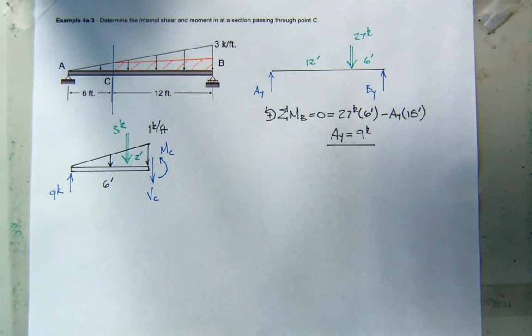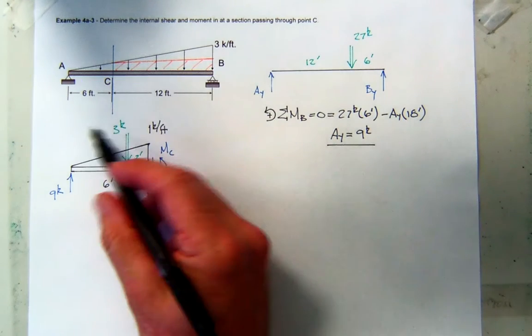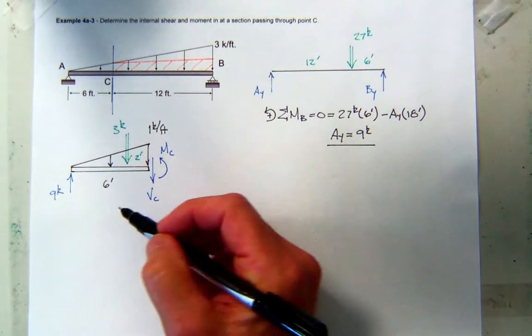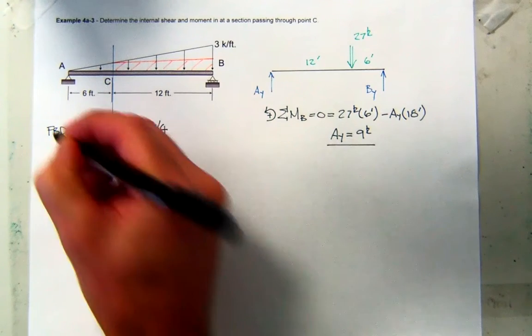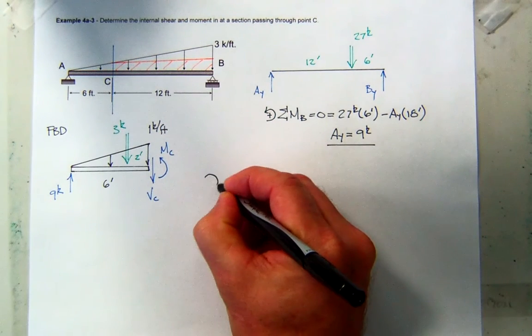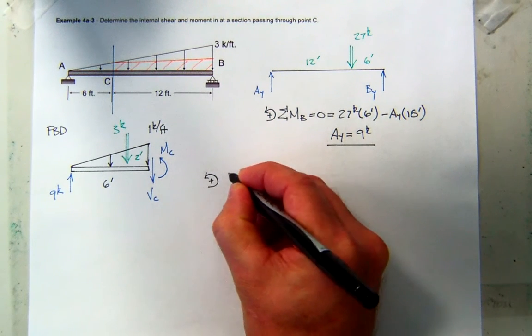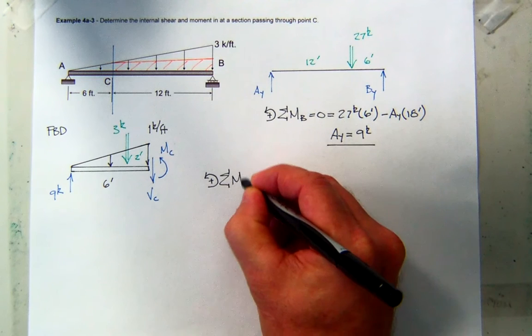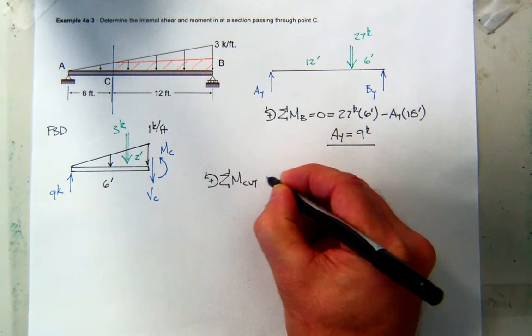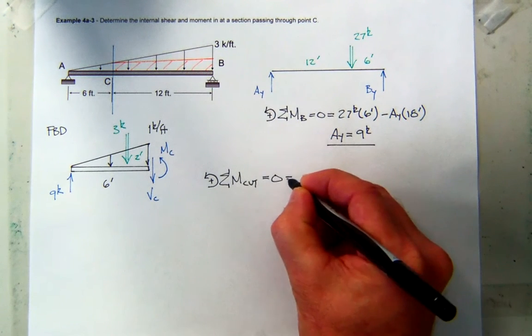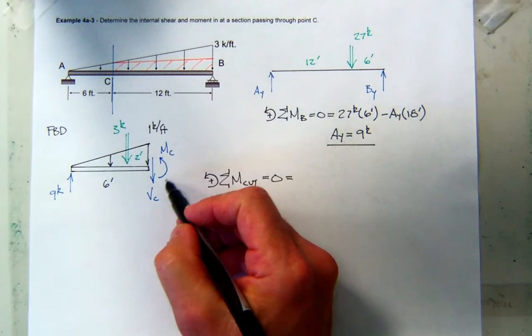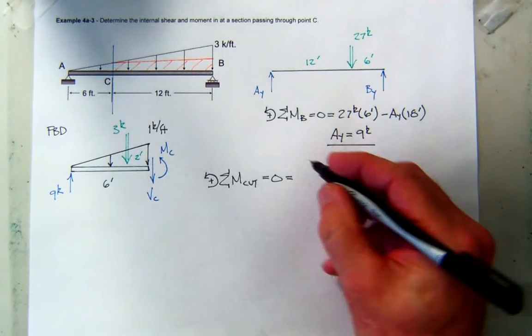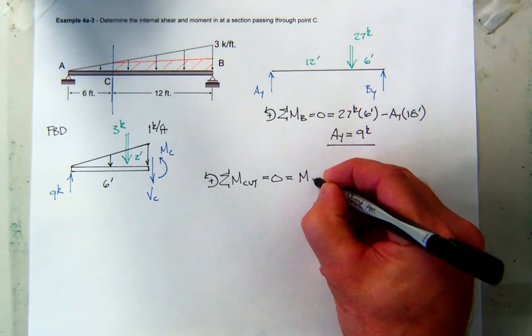So I can now make sure this free body diagram is in equilibrium. Like we've been doing before, I will sum moments about the cut surface. That will make sure that the shear doesn't create any moment. And using right-hand rule, this kind of moment is positive.